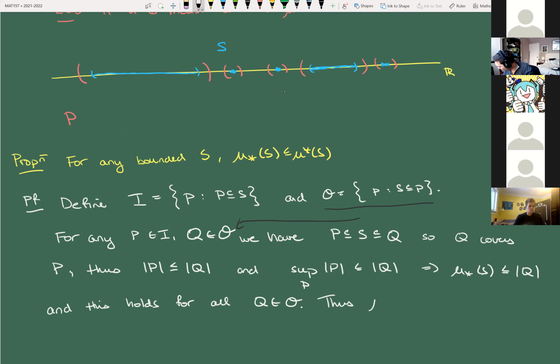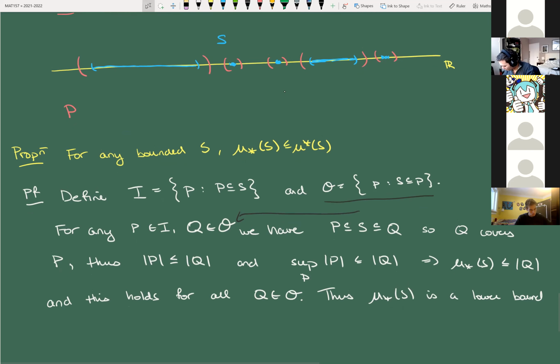All right, so thus mu star S is a lower bound for the lengths of Q, and that means that it's less than or equal to the greatest lower bound, right? The infimum. So the inner measure of S is less than or equal to the outer measure of S. Just the definition of the set O, we don't need Q in there.